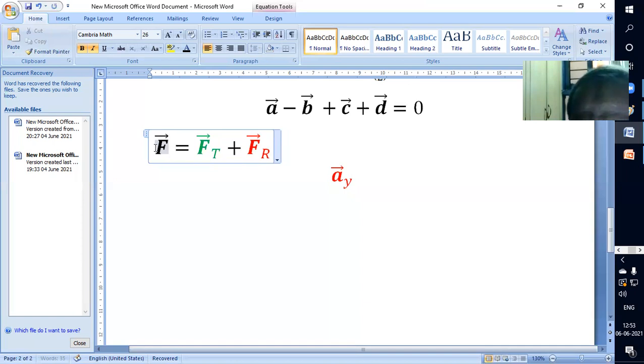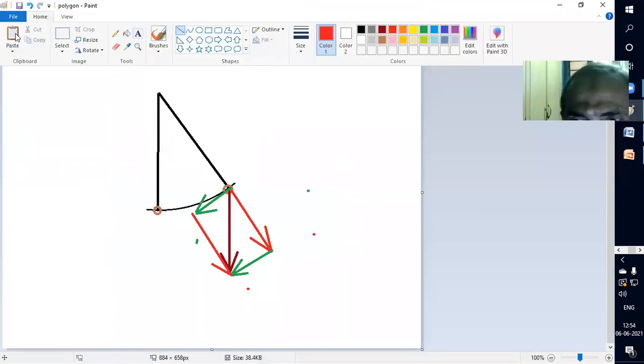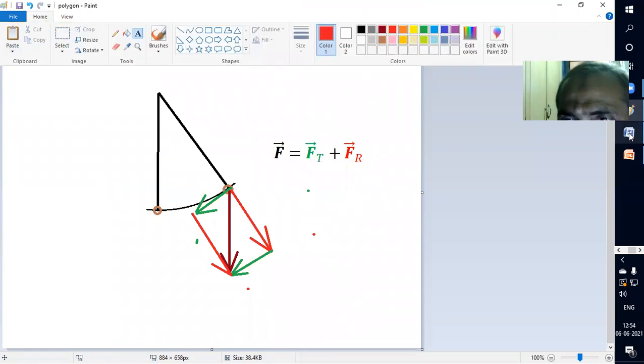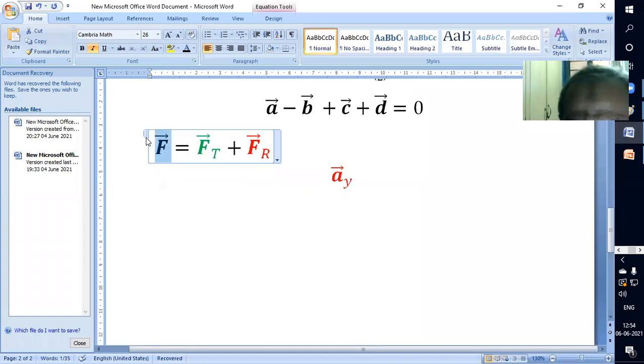Let me take this equation and write there. See here, this force is acting in the downwards direction. I'll write here.